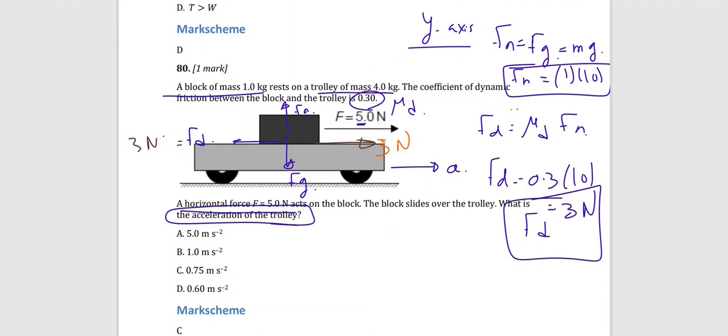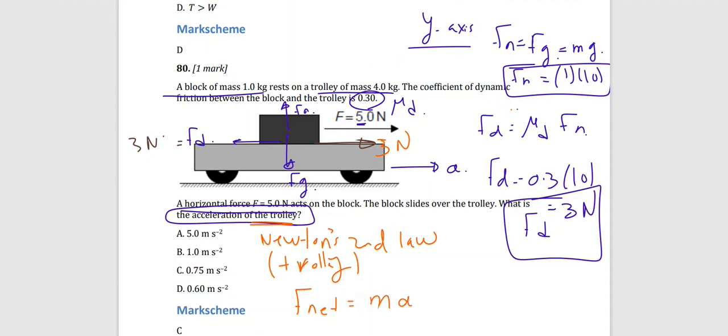To find the acceleration of the trolley, I'm going to apply Newton's second law on the trolley. All the forces acting on the object: F net equals mass times acceleration.